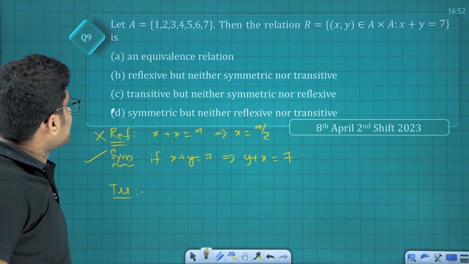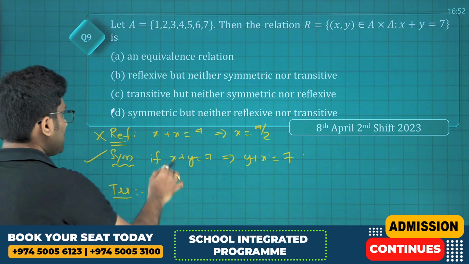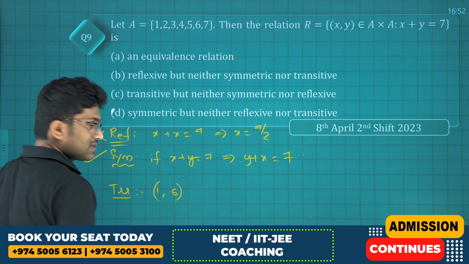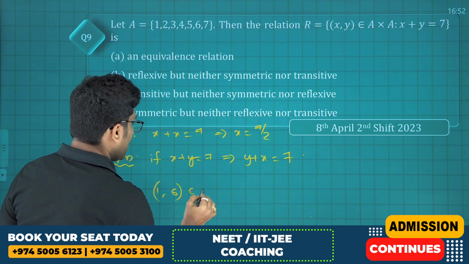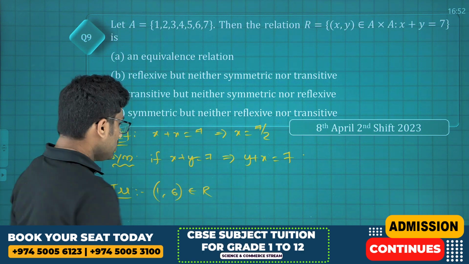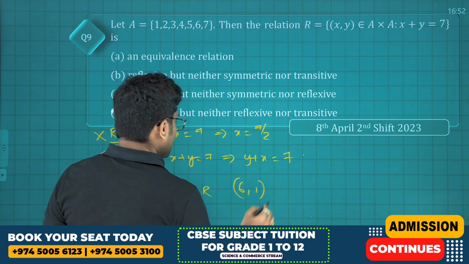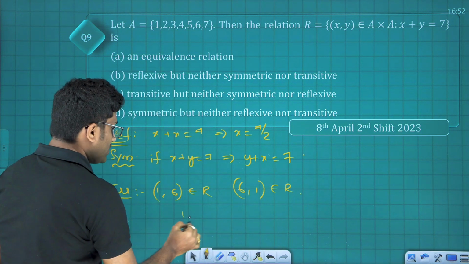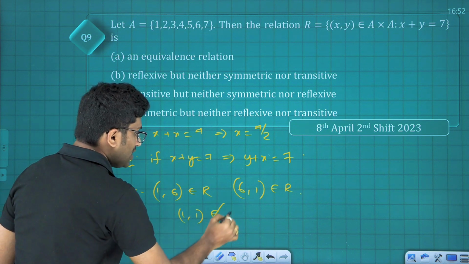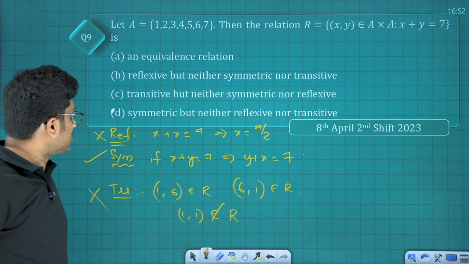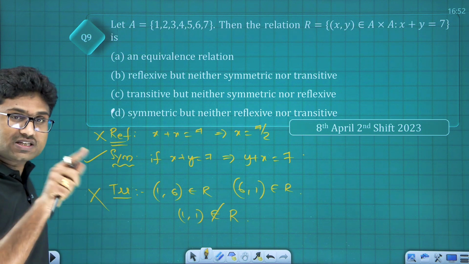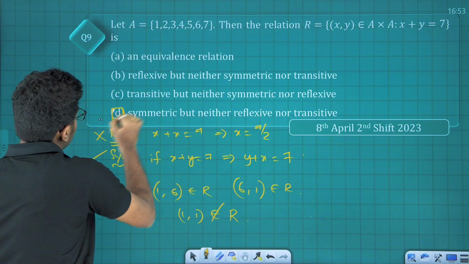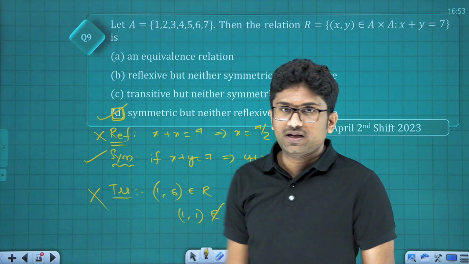We can just check a counter example. (1, 6) belongs to R, that is 1 plus 6 is equal to 7. (6, 1) also belongs to capital R. Now (1, 6) belongs to R, (6, 1) belongs to R. In this case (1, 1) we will check, but (1, 1) does not belong to R, hence it is not transitive. So it is only symmetric but not reflexive and transitive. Hence option D is the correct answer.